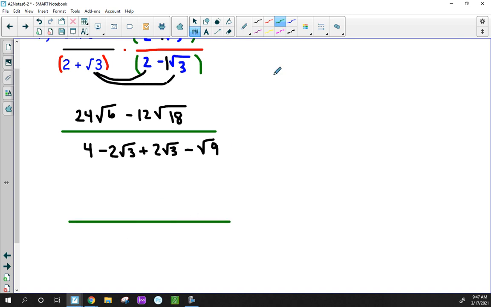Draw your division bar. Let's go back to the top. In every single piece, you have to ask yourself the question, can I write this in a better way? Square root of 6. 6 is not a perfect square, and there's no perfect square out there that will divide nicely into 6. So this piece is already simplified. We're just going to copy it back down.